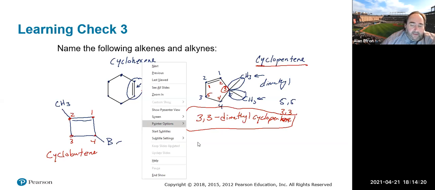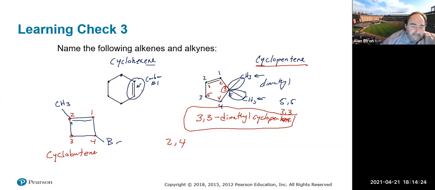If we go the other way, starting with our carbon number 1 at this end, going through the double bond, 2, 3, and 4, looks like we end up with a 1 and a 3. Just like we talked about before, 1 is definitely less than 2. So we would want to go in the green direction, meaning that this is 1-methyl and that is 3-bromo.